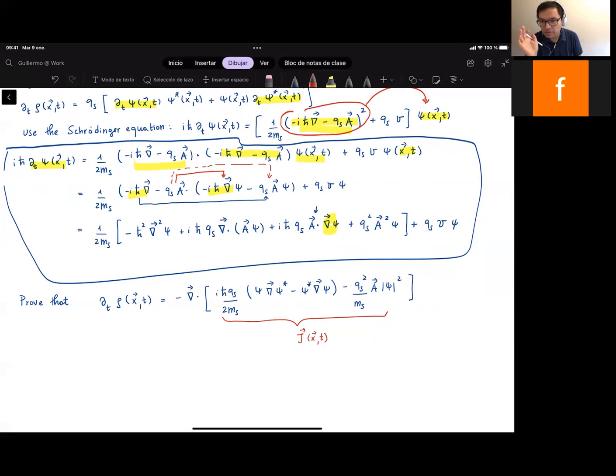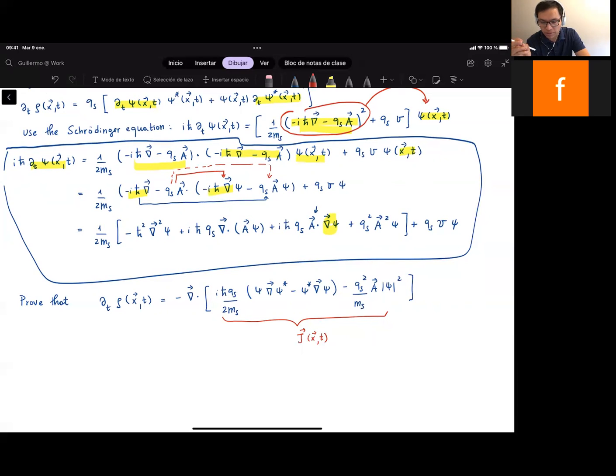I mean, this is a vector potential, you can find the vector potential, or the scalar potential, written in the 3D space.